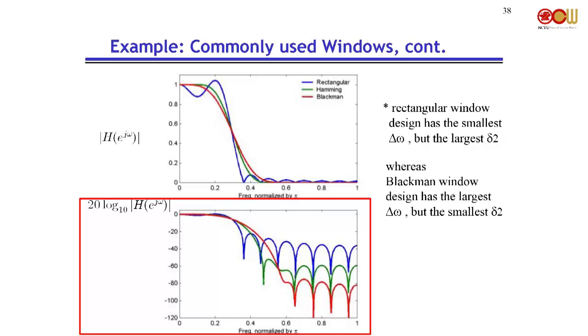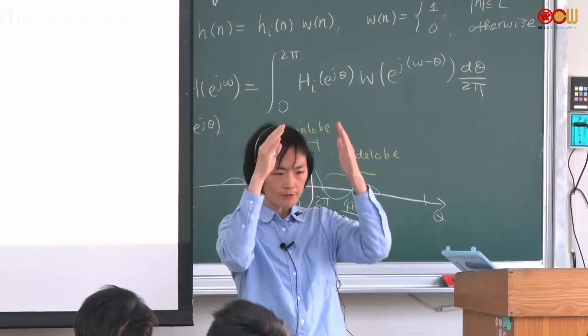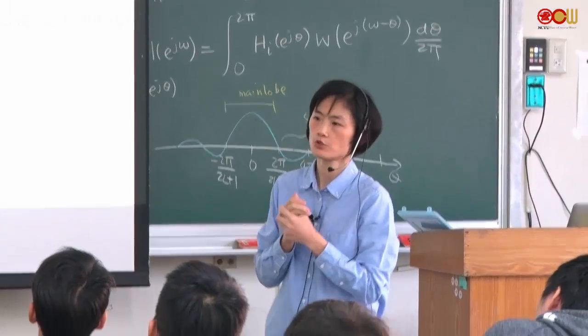So different windows give us a trade-off between main lobe and side lobe. And this trade-off in turn gives us the trade-off between transition and stop band attenuation. In the window itself, it's a trade-off between main lobe and side lobe. And in the final filter, it's a trade-off between the transition band and the stop band. If we have a different window shape, then we will get a different trade-off.